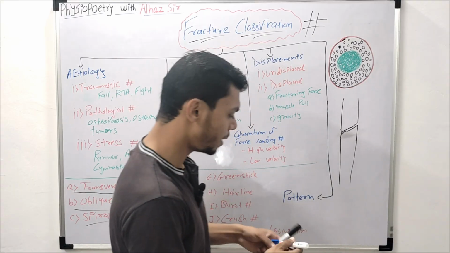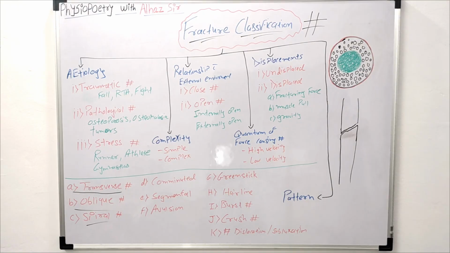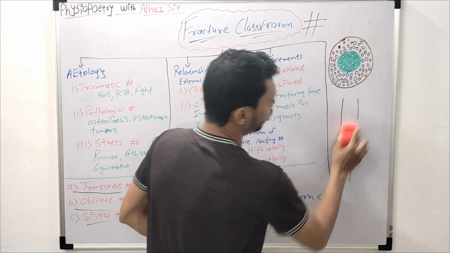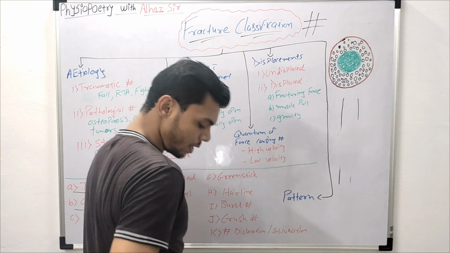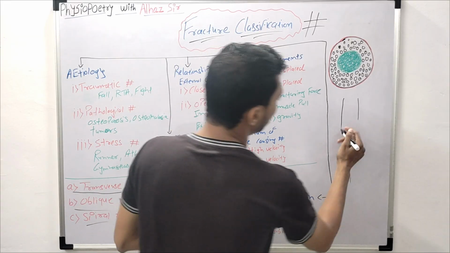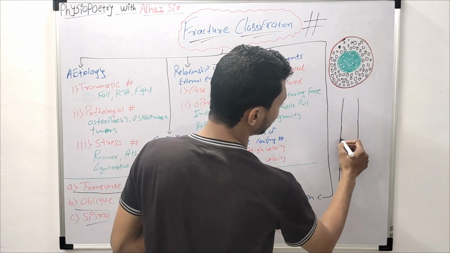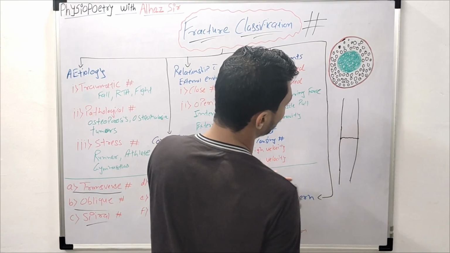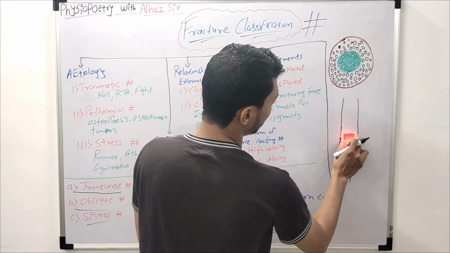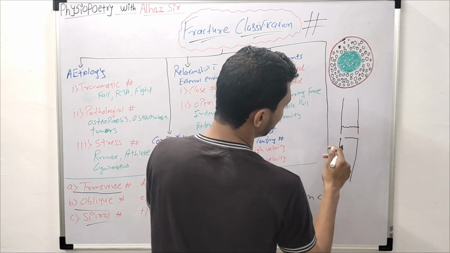Now, comminuted fracture means, just a second, let me take a duster. Yeah, here. So what do we mean by comminuted fracture? Comminuted fracture means there are more than two fragments. So here there is a break. Here there is a break.